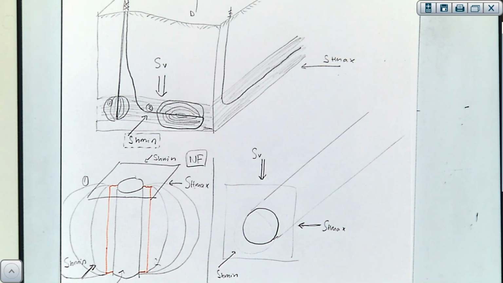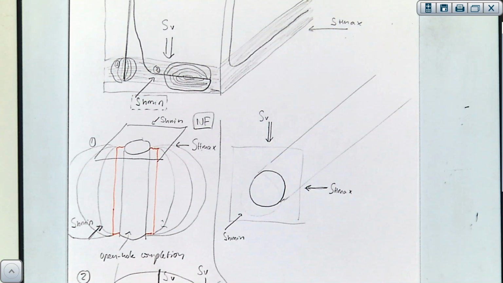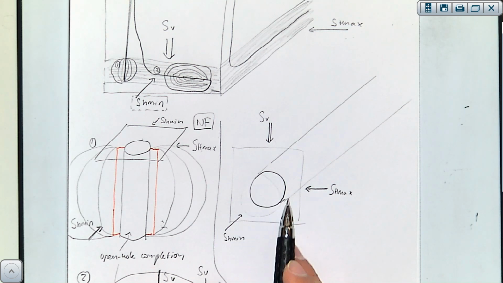Where would the tensile fractures start? Top and bottom or on the sides?